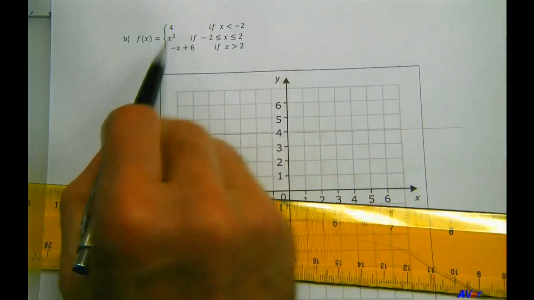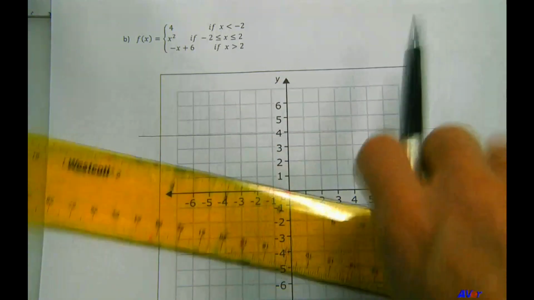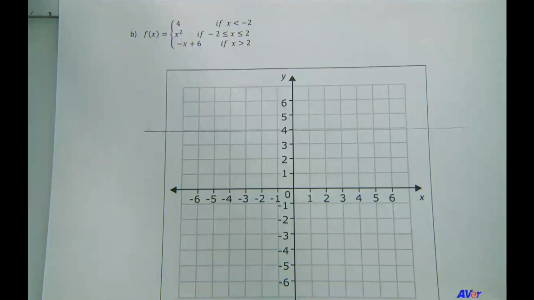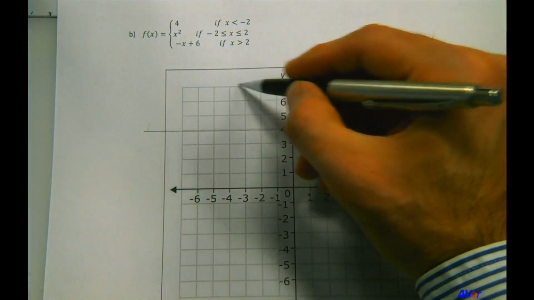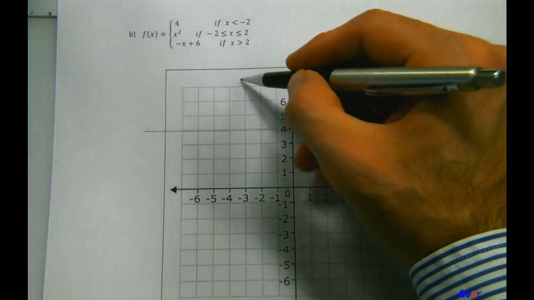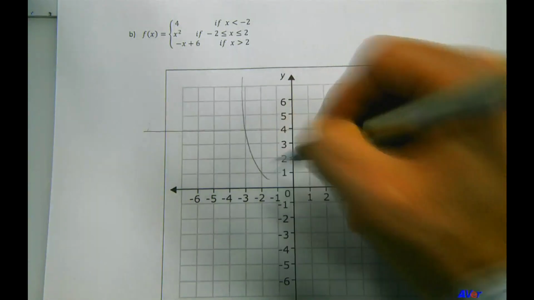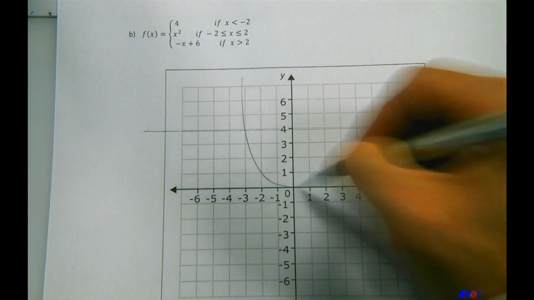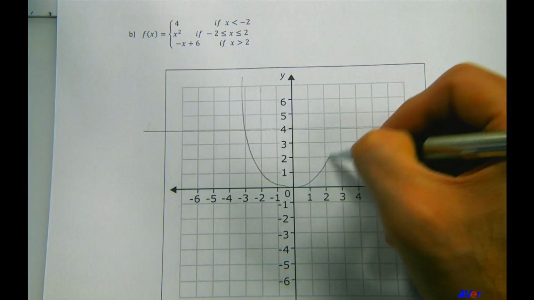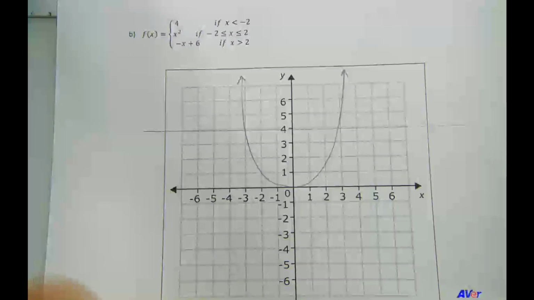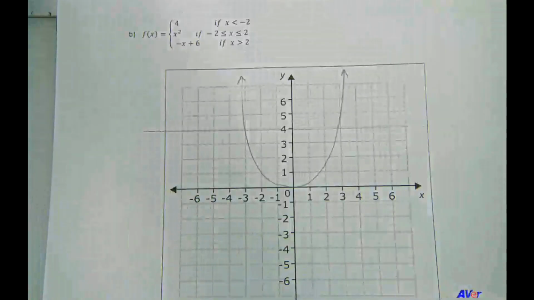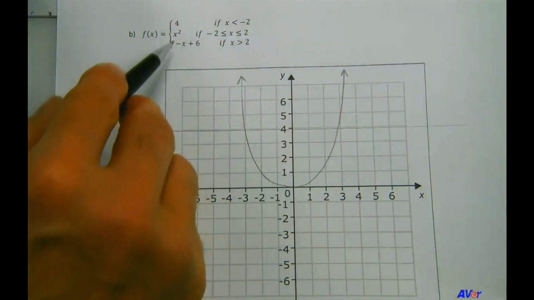Then let's draw the f of x equals x squared part very lightly. So I'm going to do my best to draw it like this, going through the origin and coming up like that. It's a parabola, right? So here we have two pieces drawn fully without regard to the conditions.